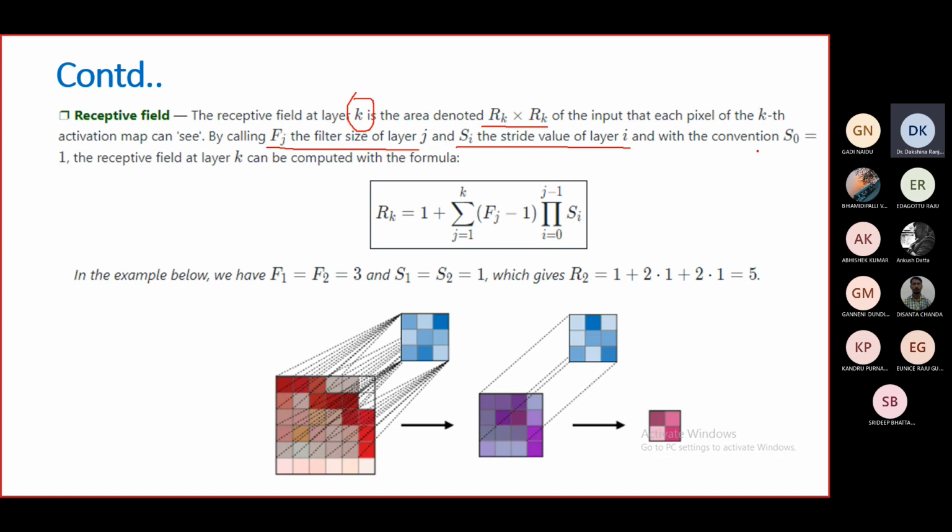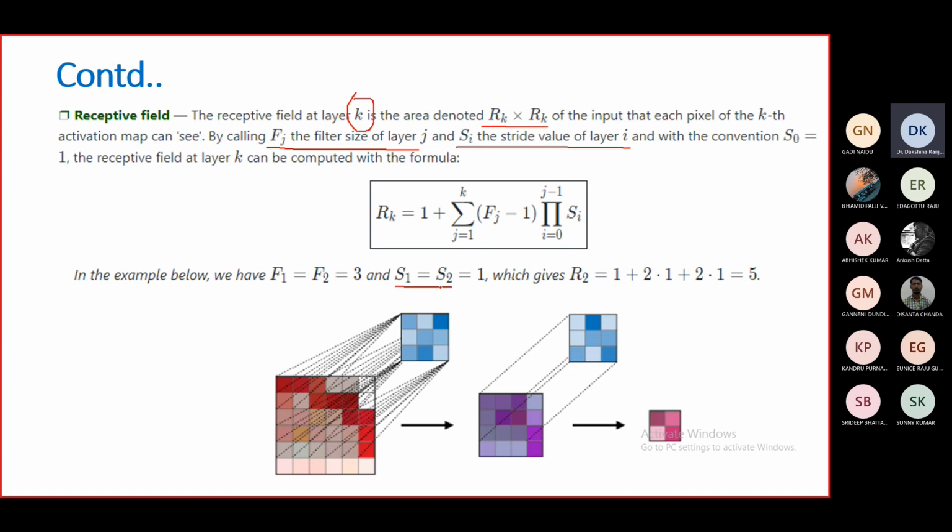So if we consider F1 equals F2 equals 3, that means the filter dimension in two different layers is found to be identical, 3 by 3 and 3 by 3, and the stride length in both the layers is found to be 1.